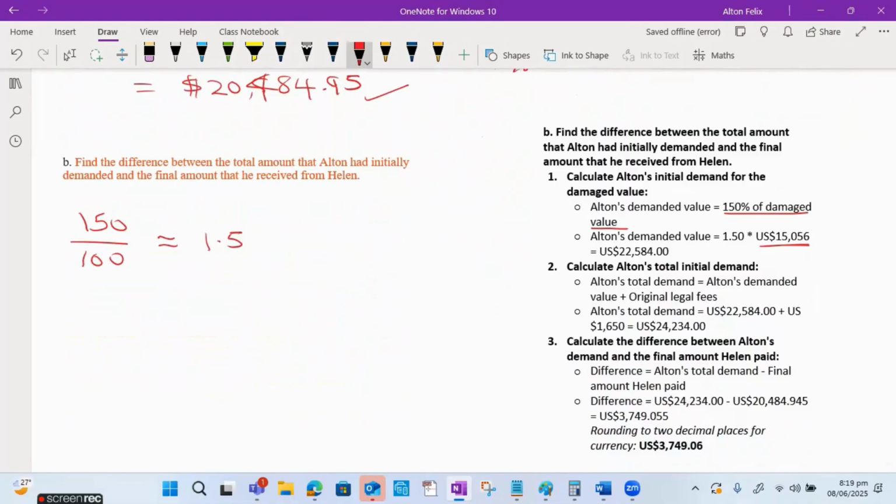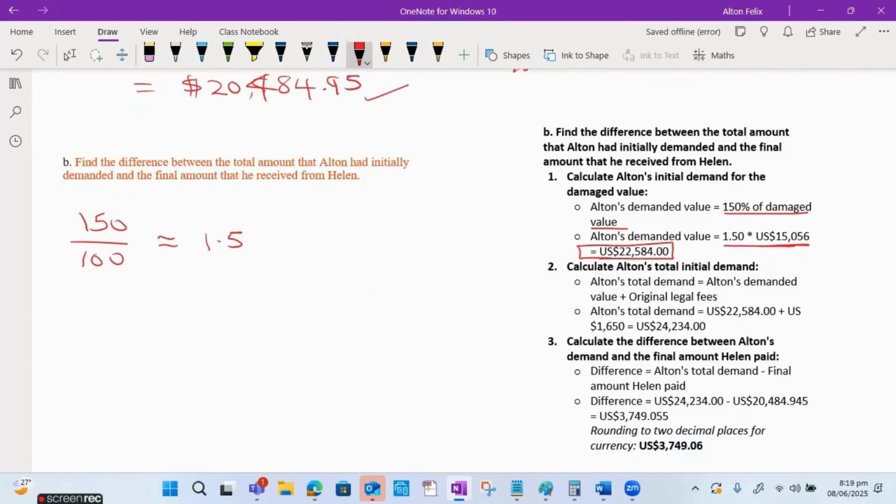So Alton wanted 1.5 times that figure, and that is what we are seeing as calculated here to give us his initial demand.